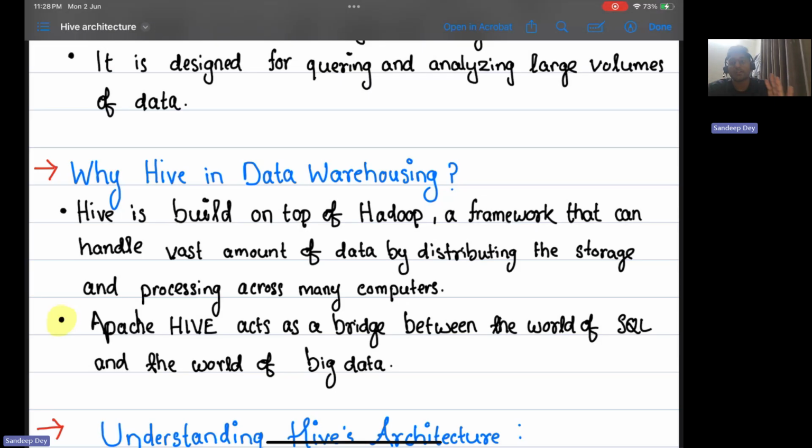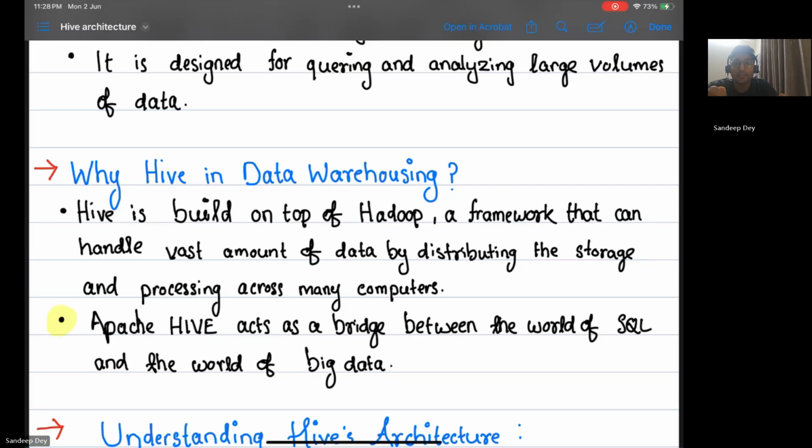Now let me make things very clear. What do you mean by Hadoop? What do you mean by Hive? Hadoop is a system that helps distribute big data into different compute systems, different nodes you can say.